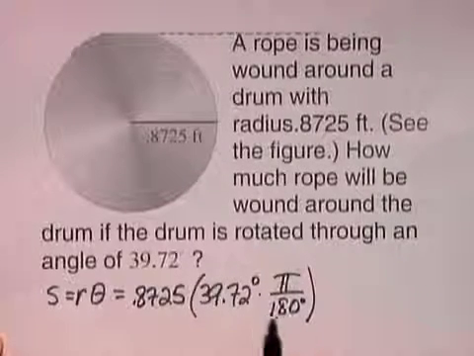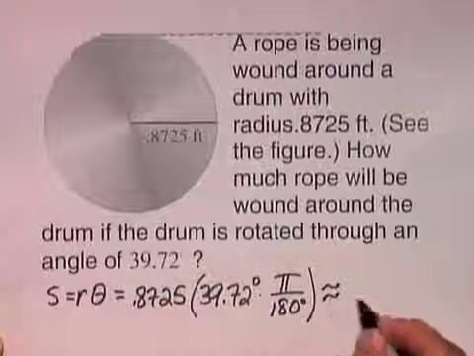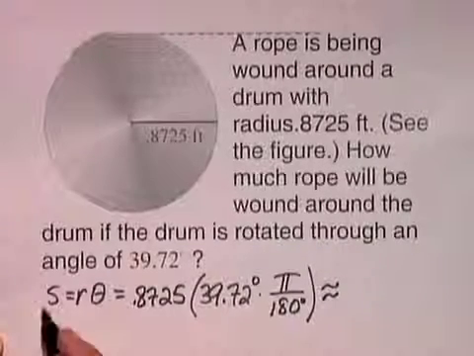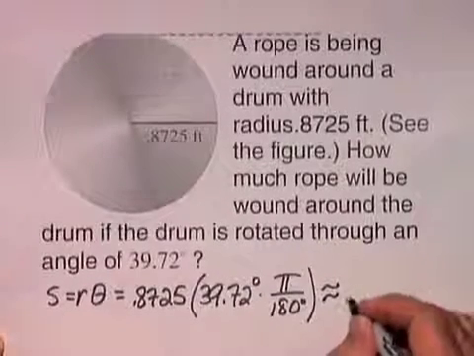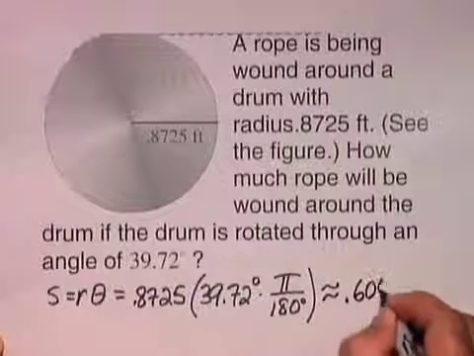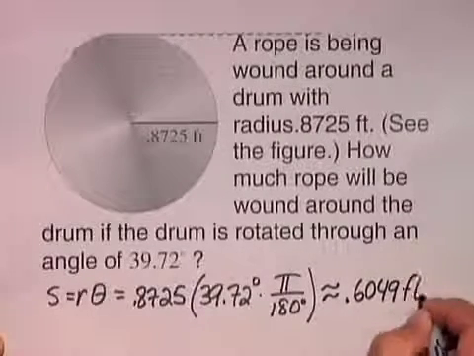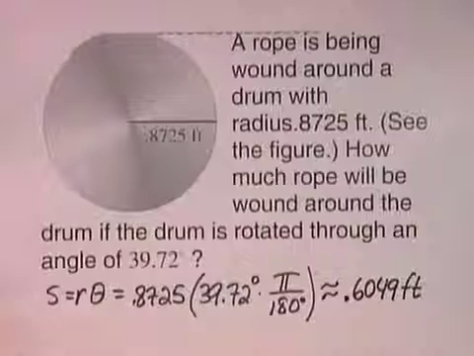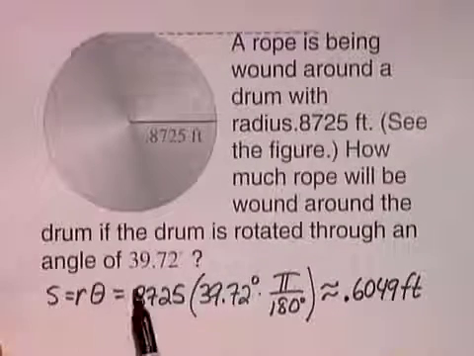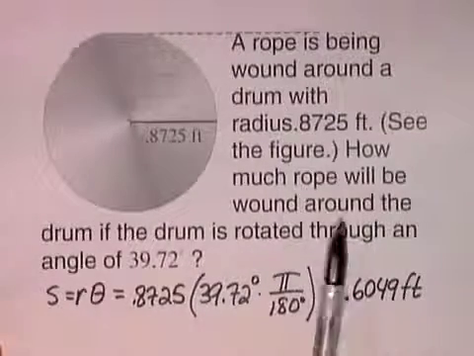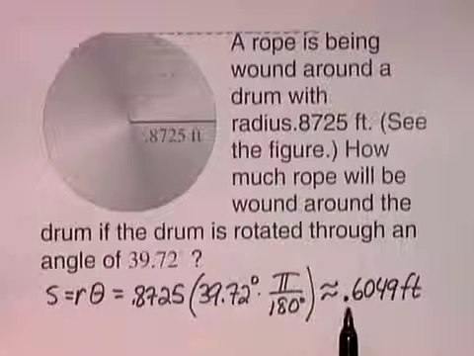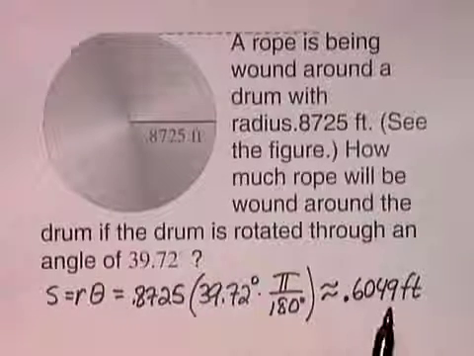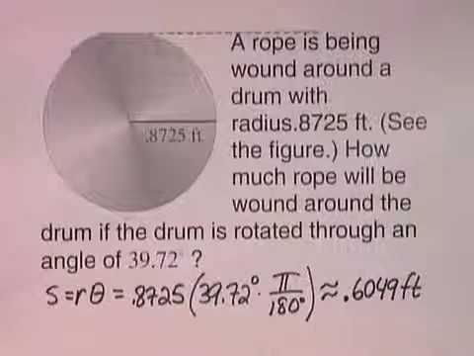Substituting all of that into a calculator, we'll find that S is approximately equal to 0.6049 feet. And that means that the rope will be wound around the drum approximately 0.6049 feet.